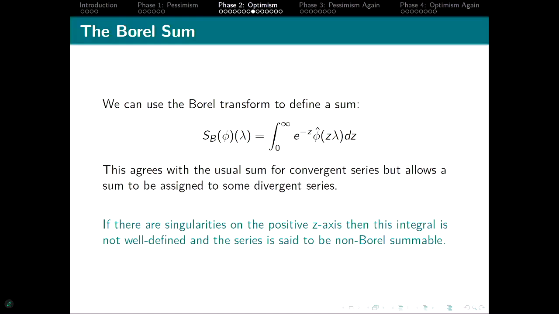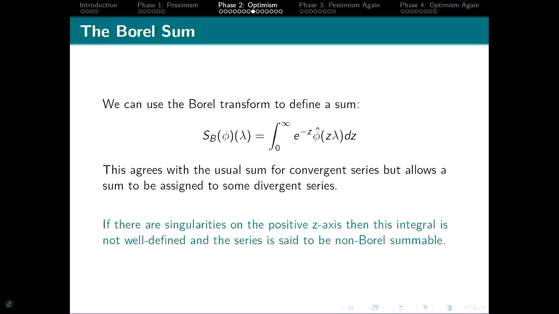But it allows us to assign a sum to some divergent series. And another key idea here is that the singularities of the Borel transform tell us about the large order behavior of the series. Most of those are going to be fine.